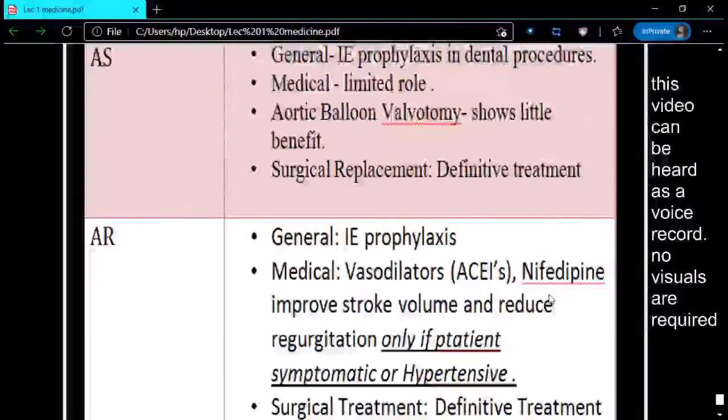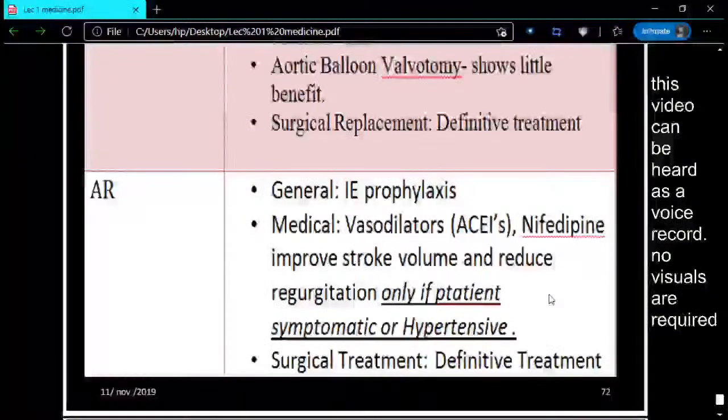We can do little to help except for surgical treatment.